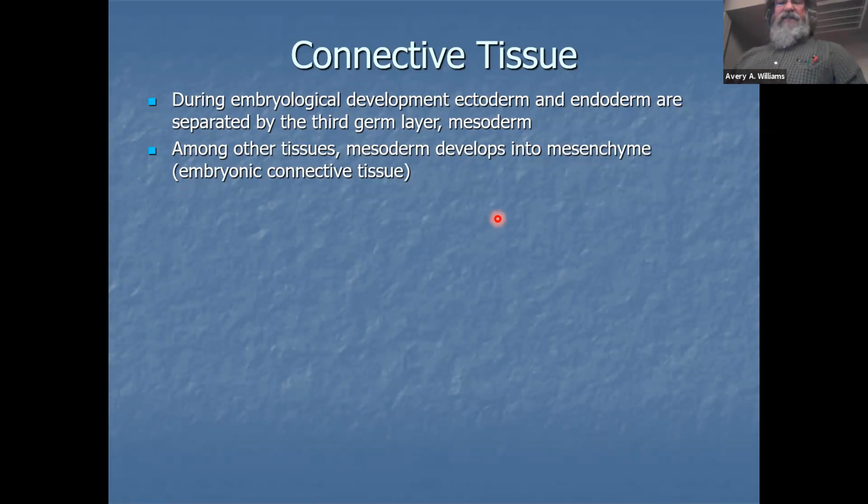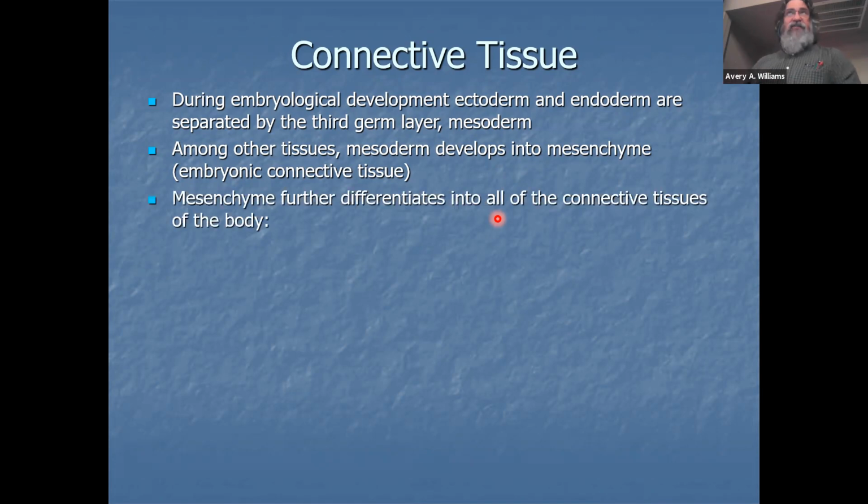So mesenchyme, you study embryology, you learn all about it. It's pretty cool. For right now, we just think of mesenchyme as embryonic connective tissue. It's going to form all the connective tissue, and it, in turn, came from mesoderm, okay?